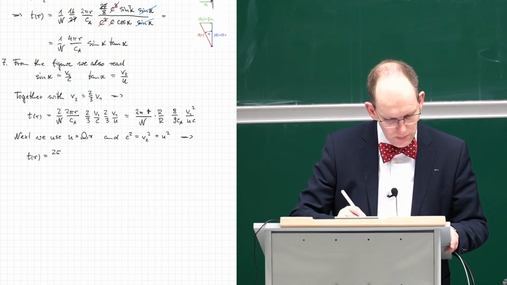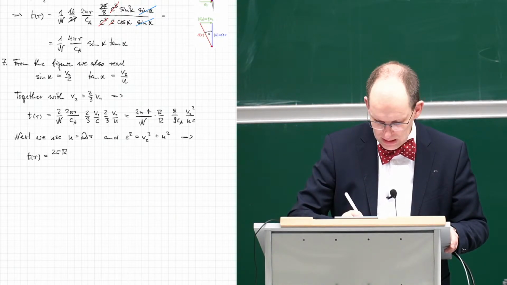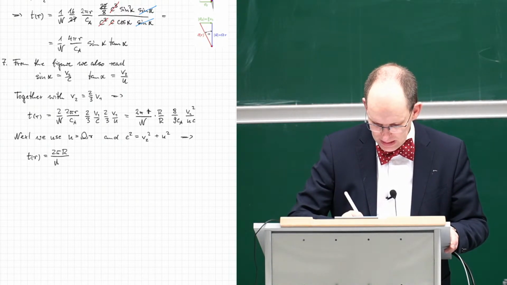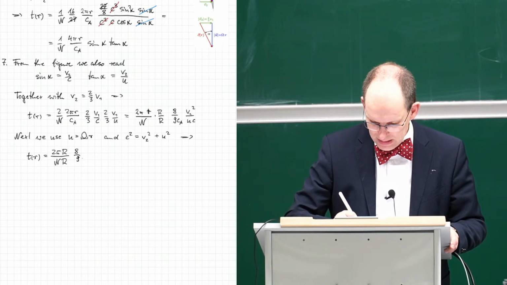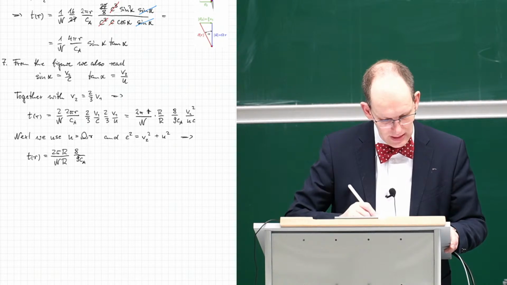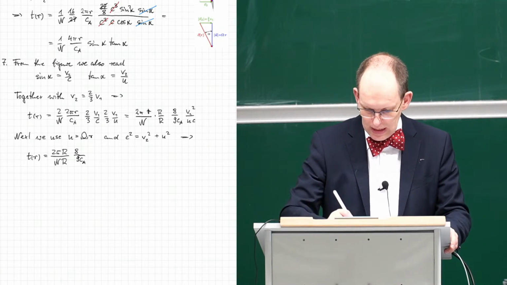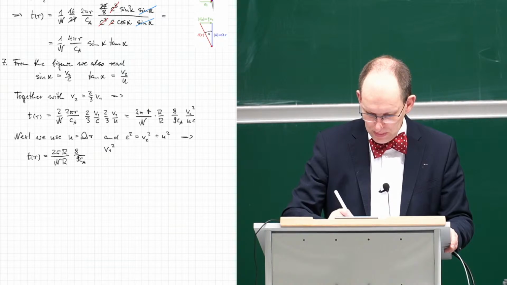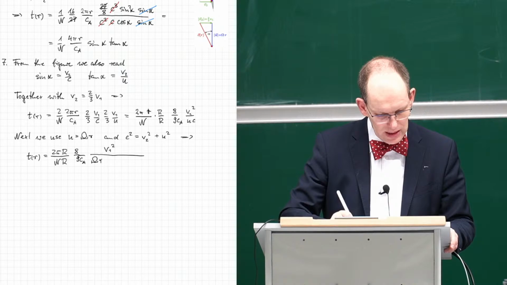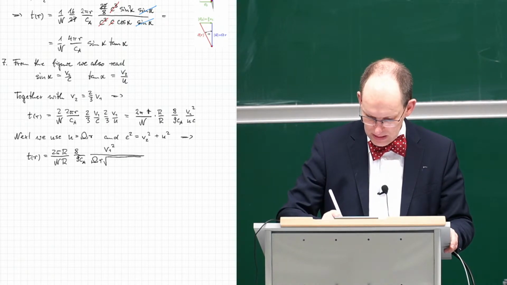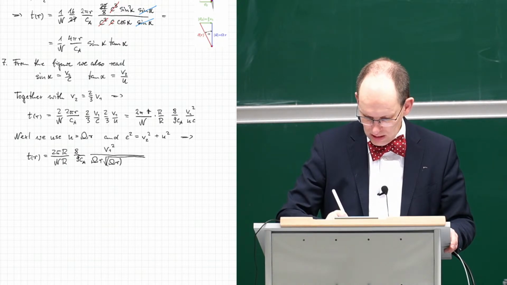So what we get: 2 pi capital R divided by N times capital R, 8 over 9 and Ca, lift coefficient, and then we have V1 squared divided by omega times r, and now the square root of omega r squared plus 4 over 9 V1 squared.